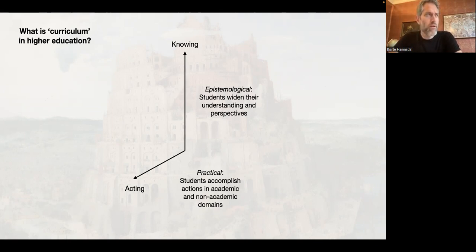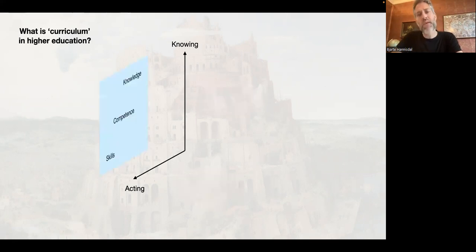And I'm going to use my own interpretation of Barnett. So this is not exactly what Barnett says himself, and it's very difficult to do justice to his writings in a short talk. But in my interpretation, we can think of the curriculum as stated in learning outcomes as a projection on this knowing-acting plane.